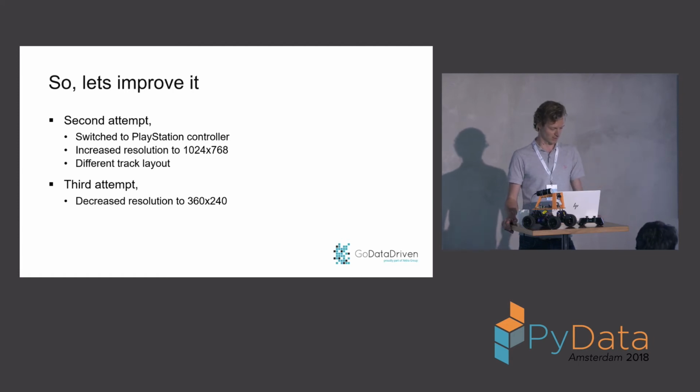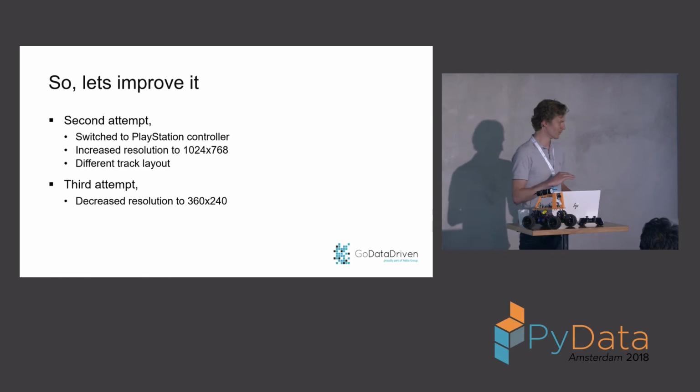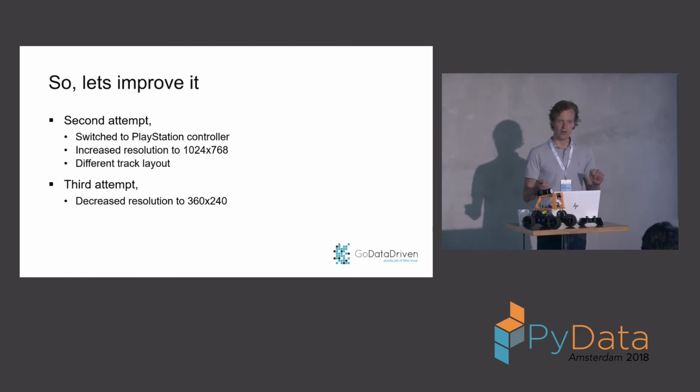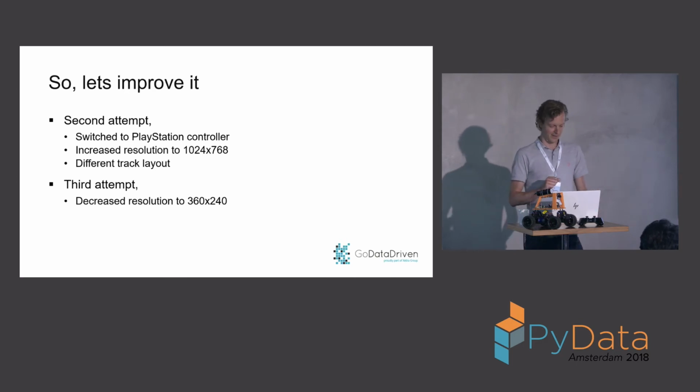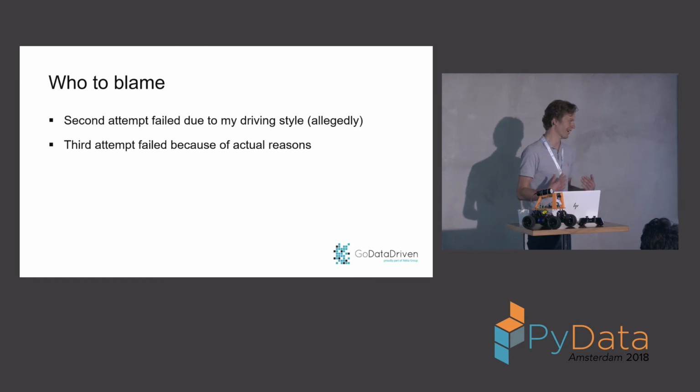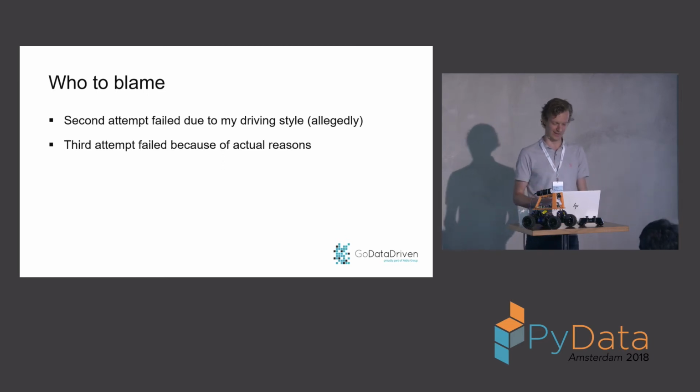So we also did a third attempt, and we decreased the resolution again, and I'm going to explain why. It turned out it's maybe not the best idea to change too many knobs at the same time. So the second attempt failed miserably. And somebody allegedly said it was due to my driving style. I don't concur, but okay, maybe it was true.